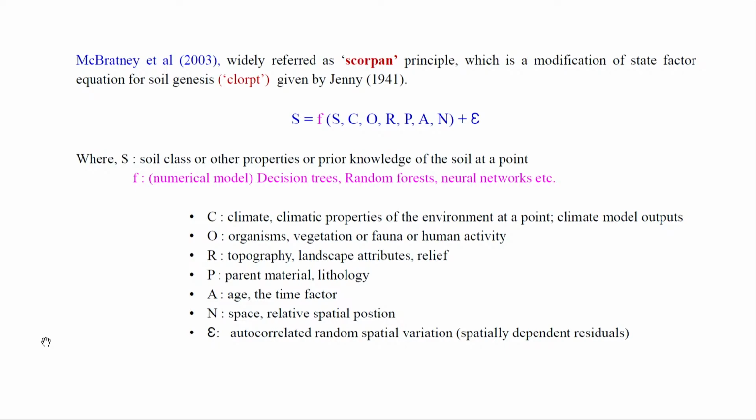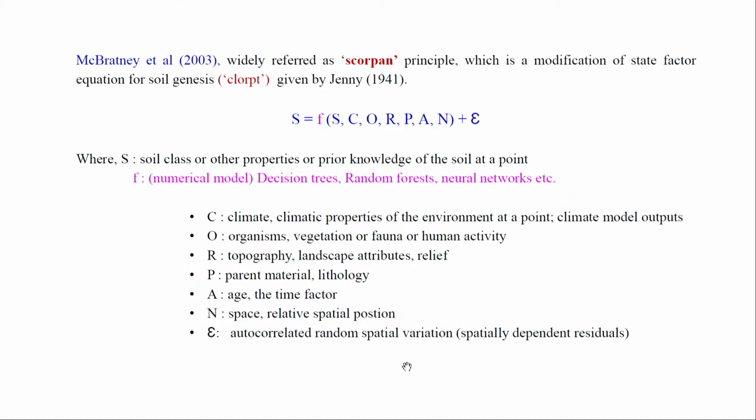For digital soil mapping, we use the model known as SCORPAN. Here we say the soil is a function of climate, organism, relief, parent material and time. Also here N is the geospatial location.